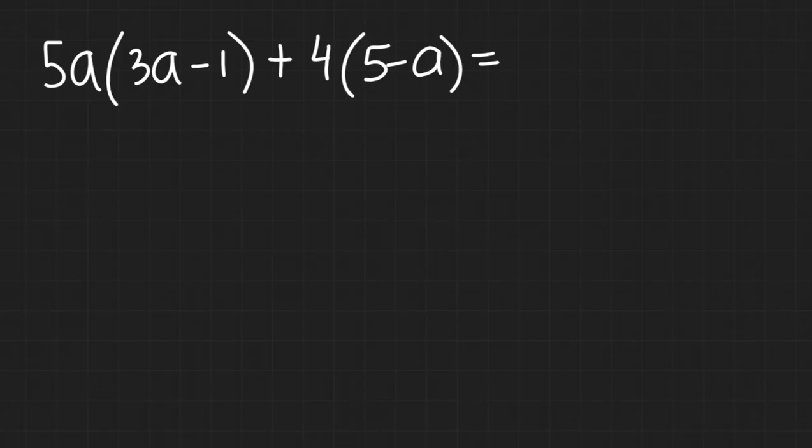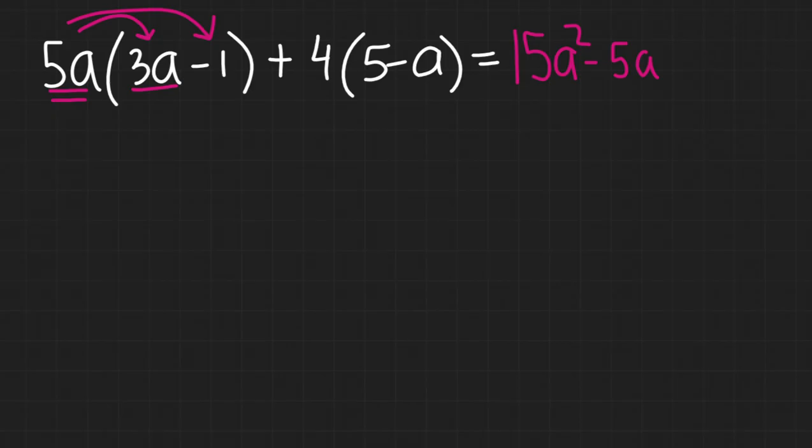So 5a multiplied by 3a, 5 by 3 is 15, a by a is a squared. Then we have 5a multiplied by minus 1. That will be only minus 5a. All right.